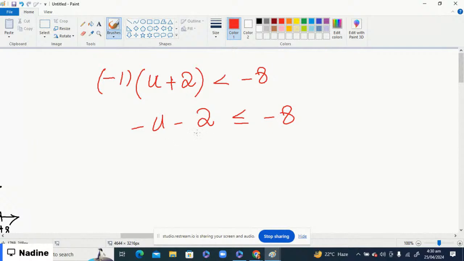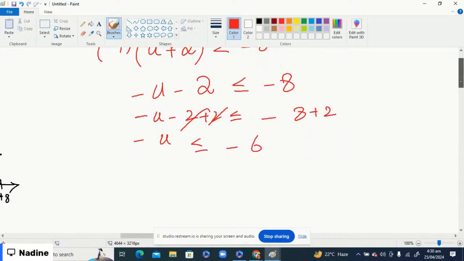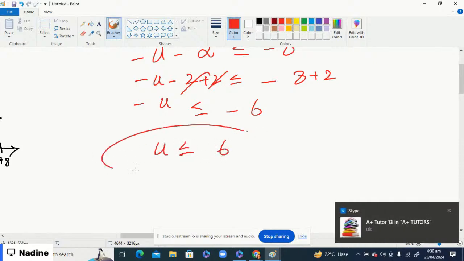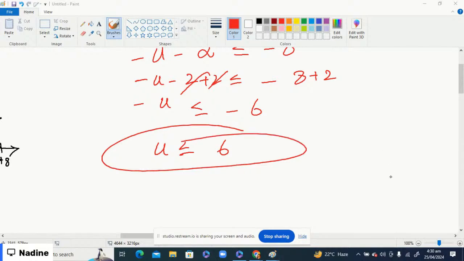Adding positive 2 to both sides. This should be cancelled. So minus 8 plus 2 is minus 6. Dividing both sides by the negative sign. So what does it become? Positive 6.